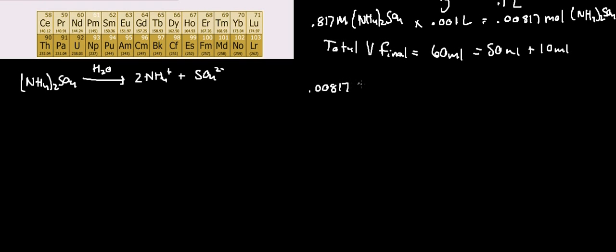But anyways, I have 0.00817 moles of (NH4)2SO4. So when I dissolve this, it's not going to dissolve 1-to-1 for NH4 at least, so I'm going to calculate that real quick. So I have 1 mole of this stuff, and I get 2 moles of NH4+. So that's just going to give me this times 2.